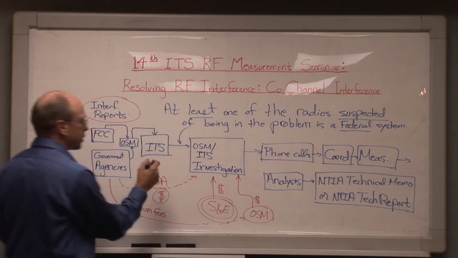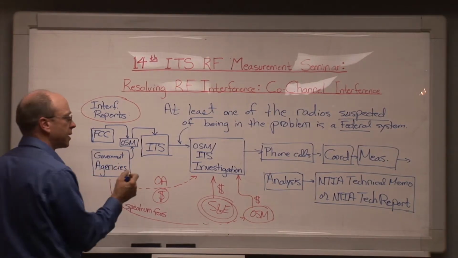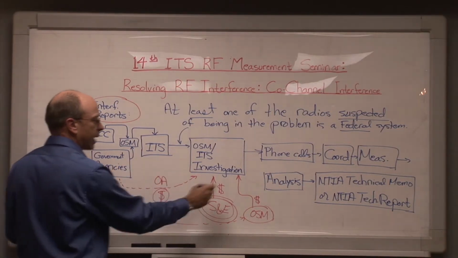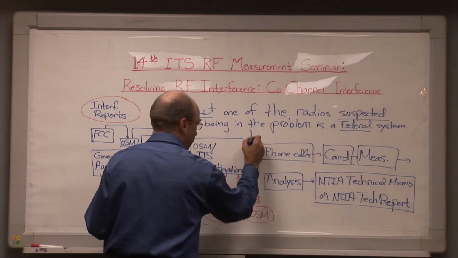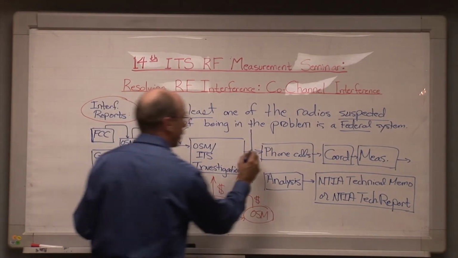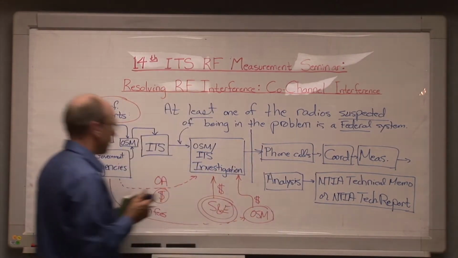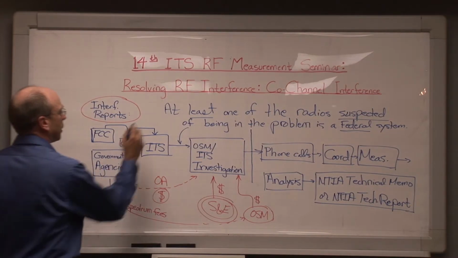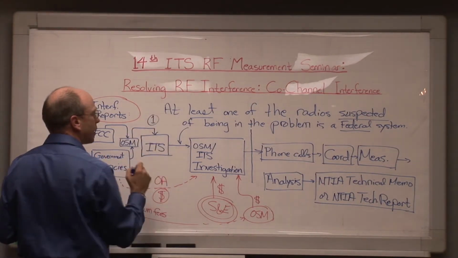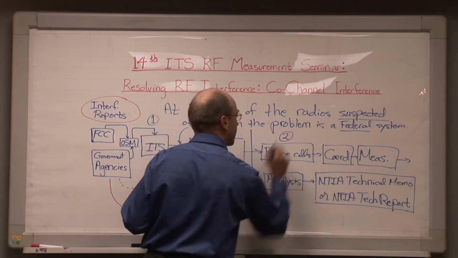And a decision has been made jointly between OSM and ITS to undertake an investigation, and that we've got the money put together for it. That brings us right up to this point right here, and now we're ready for the next stage in the process. I'll wrap all this up as stage 1. So now we're ready for stage 2.